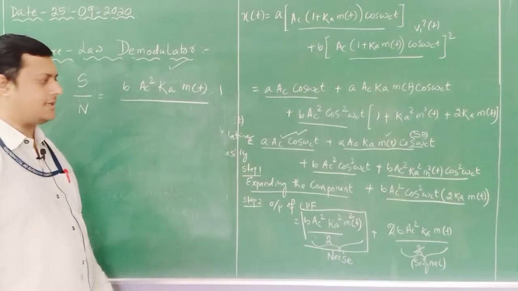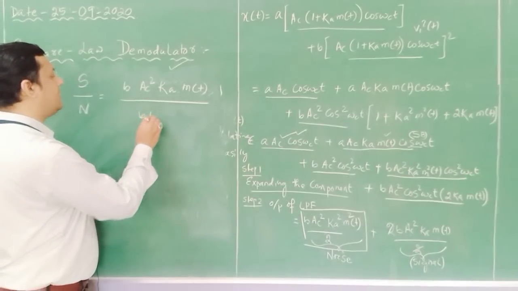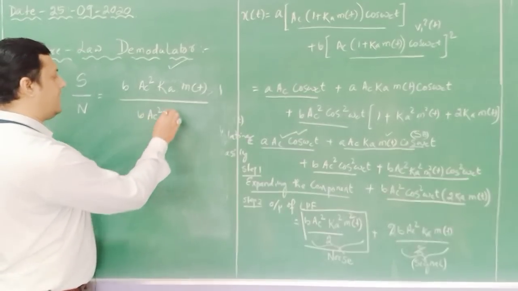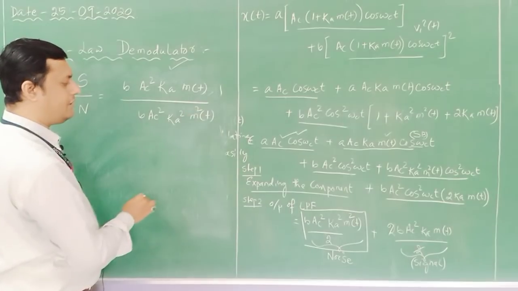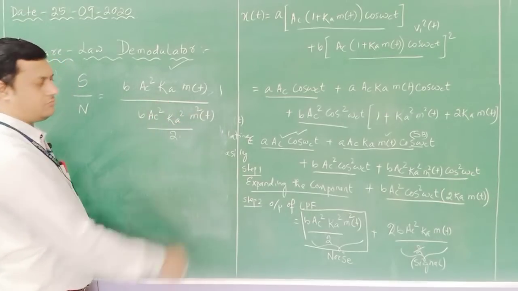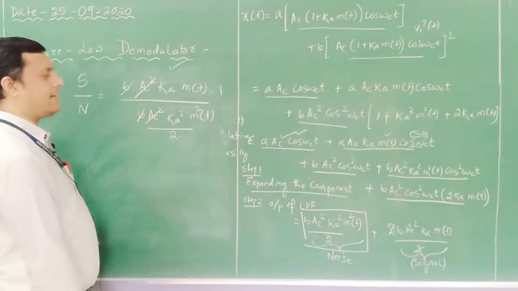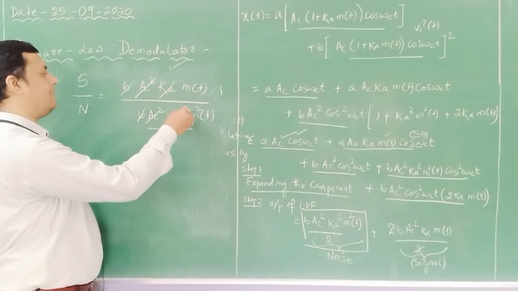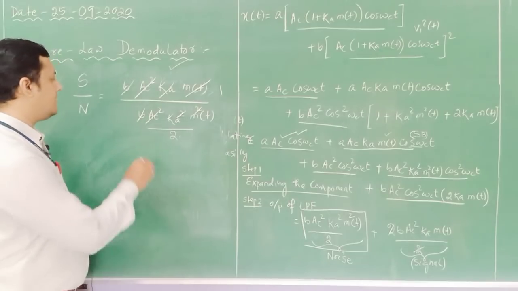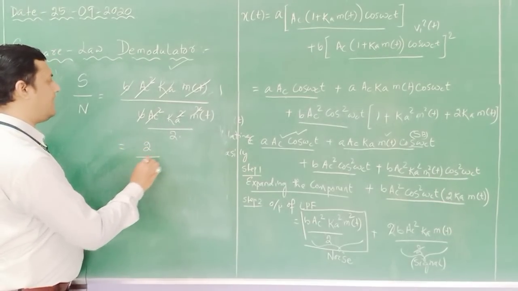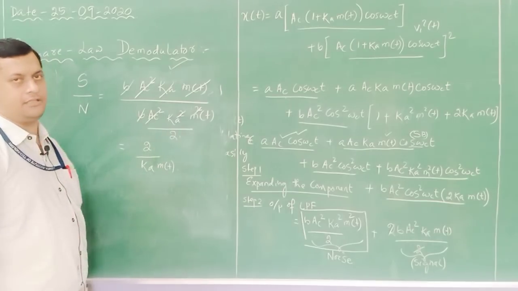We need to suppress it, but the component is available here. So it is B into Ac square into Ka square into m square of t divided by 2. So B cancels out, Ac square cancels out, one Ka cancels out, and one m of t cancels out. So we get 2 divided by Ka into m of t.